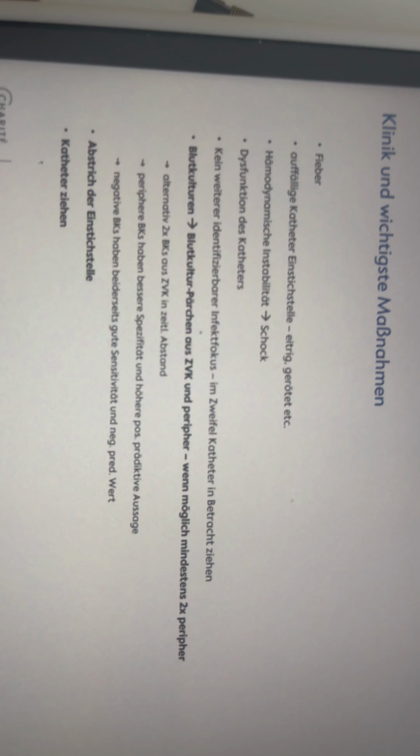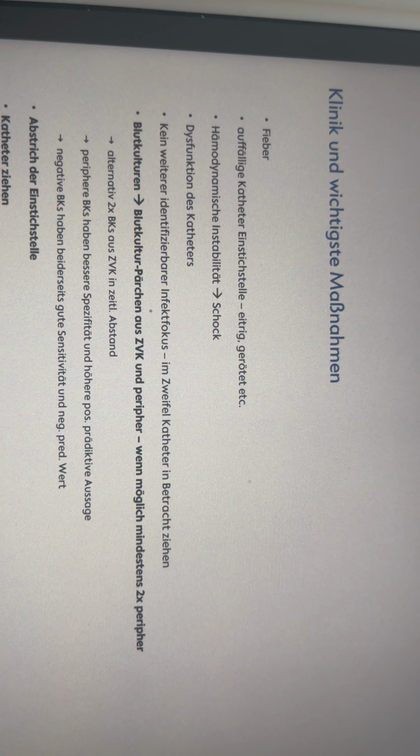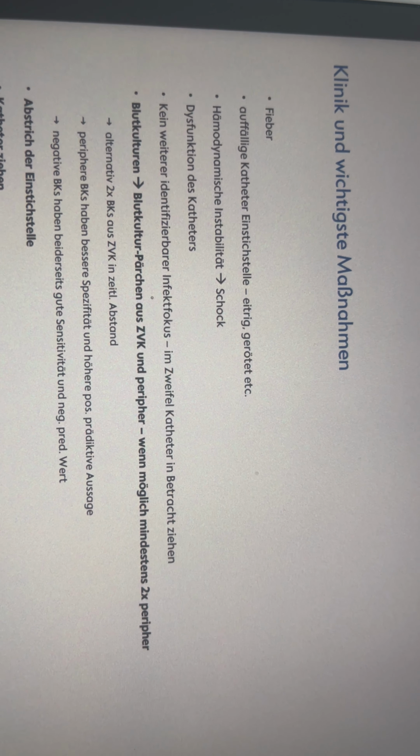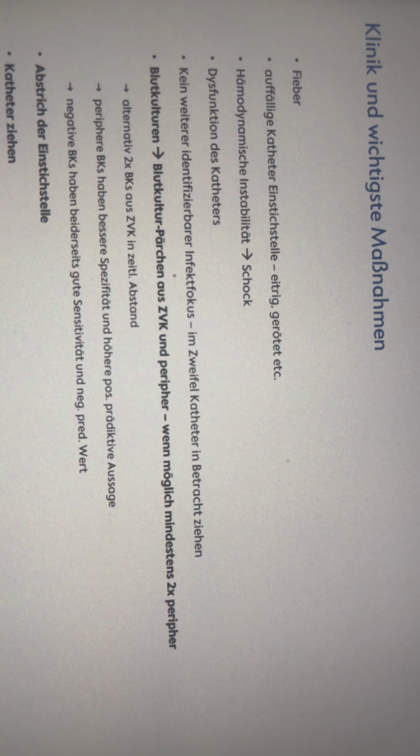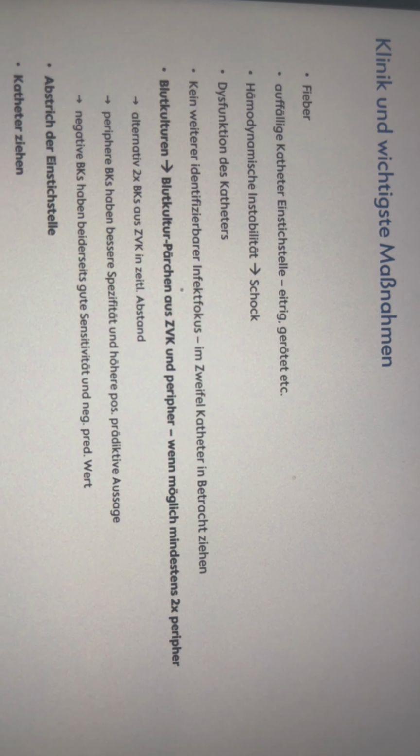If you have central lines where the site is red or there are secretions, if the patient is in shock, has continuous fever, or the catheter is not functioning, take the blood cultures. If any bacteria or pathogen grows, then you have to think critically. There is a high possibility of a catheter-associated infection, and you take it out.